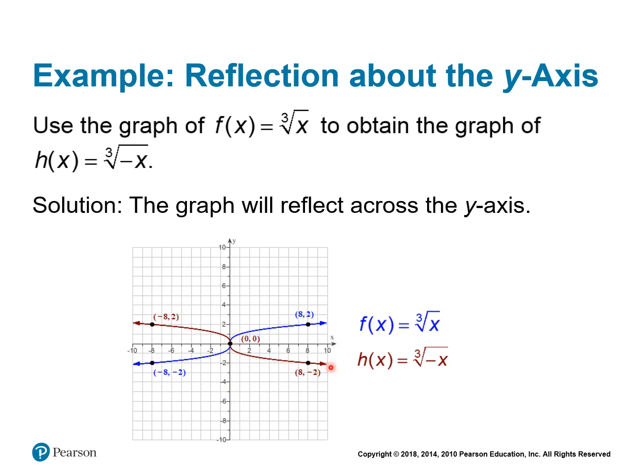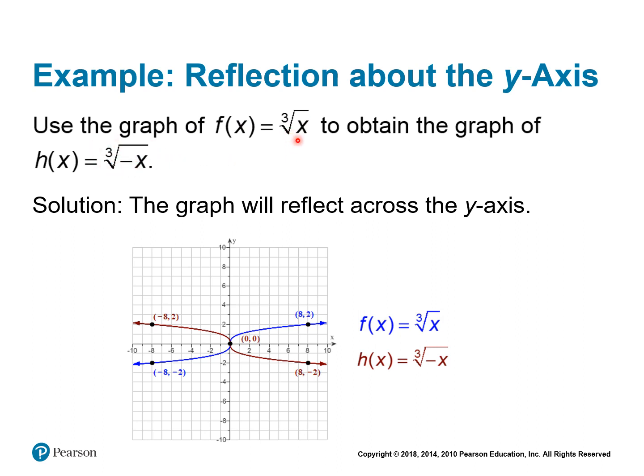So this red portion of the graph is the reflection of the lower part. Together, this whole red graph is the reflection of the cube root function when we replace x with negative x and then find the cube root.